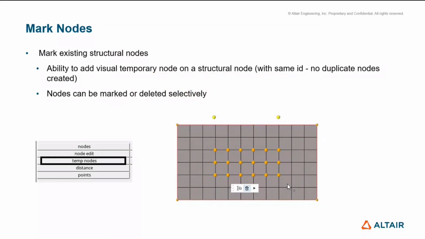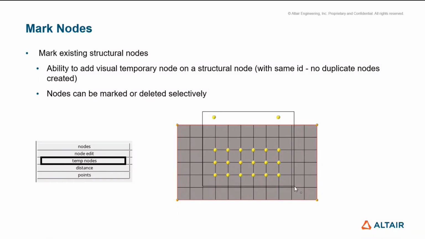Also from the temp nodes panel, we have added a marking of the structural nodes. So if you want to select some structural nodes and you want to just create a temp node on it, what we do here is that we don't really create a duplicate node. What used to happen before, we just show that node as a temp node.